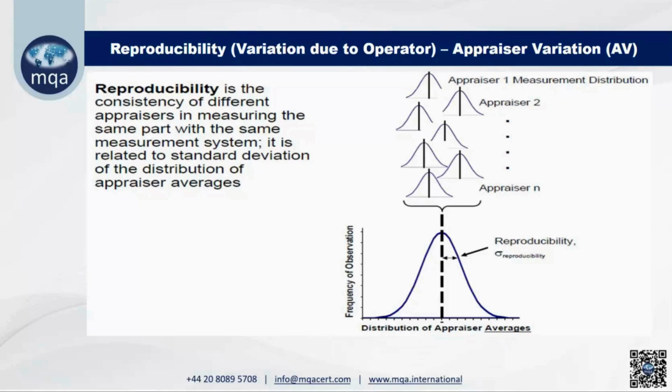Tomorrow the technical person is not well or has gone elsewhere. So will I stop my process? No. I will ask another technical person to measure. So the variation between the 50 readings taken before and the 50 readings taken tomorrow should not be so much. It should be within the specification. So that is called appraiser variation.